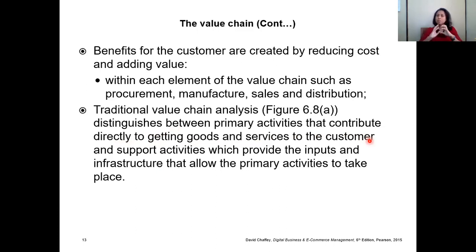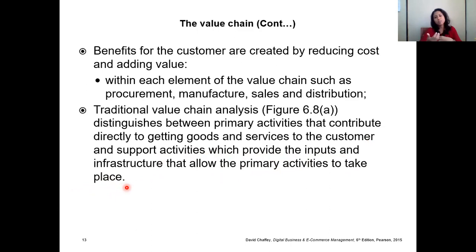And what do you mean by support activities? They are those activities which provide the inputs and infrastructure that allow the primary activities to take place. The support activities provide the necessary inputs and the necessary infrastructure which facilitate the primary activities to take place smoothly.